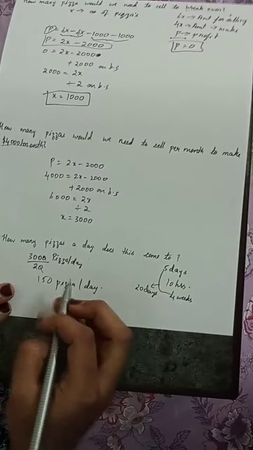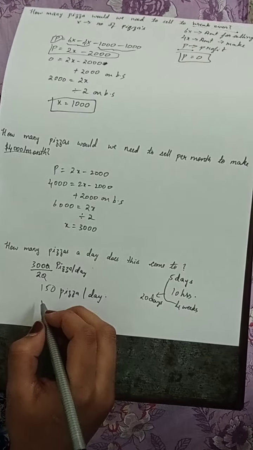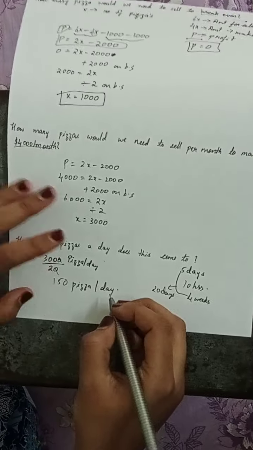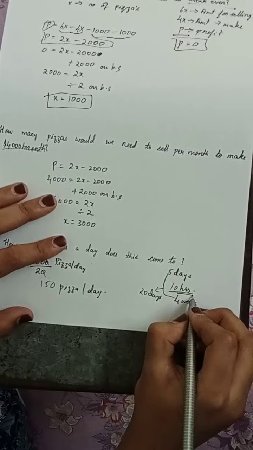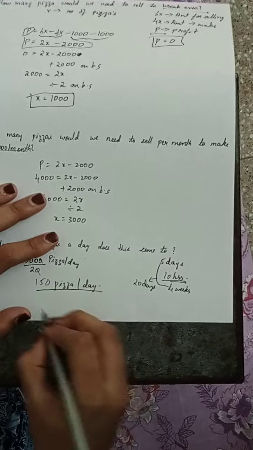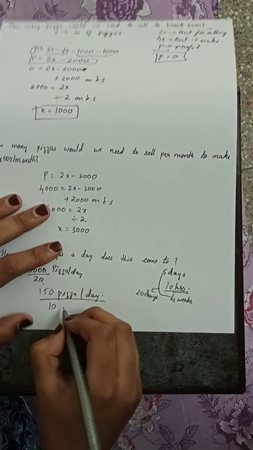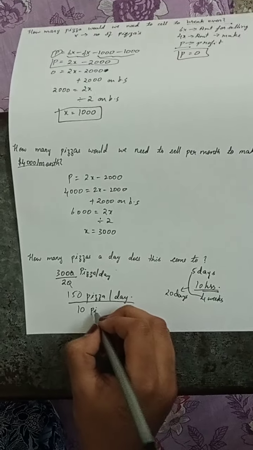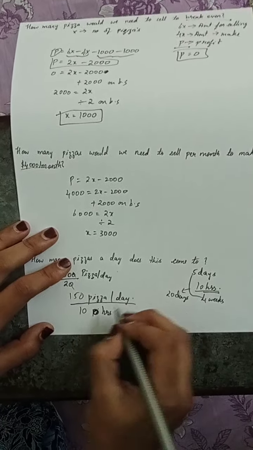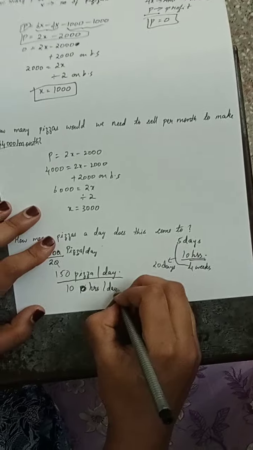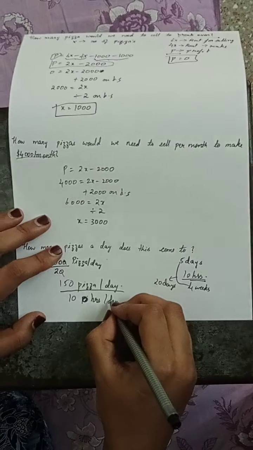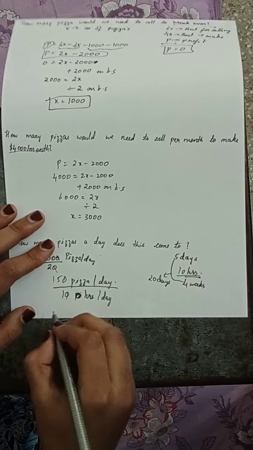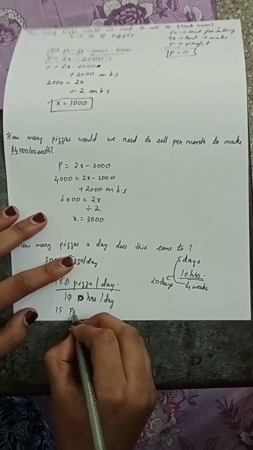So now what I'll do over here is I'll take 150 pizza per day and I'll divide the hours for this. Divided by 10 hours per day. So if I cancel this, I'll get 15 pizza per hour.